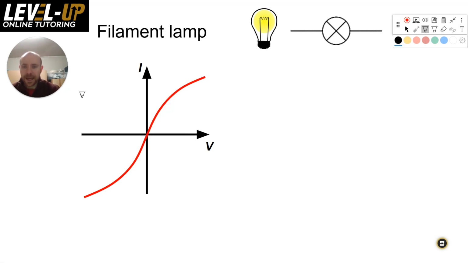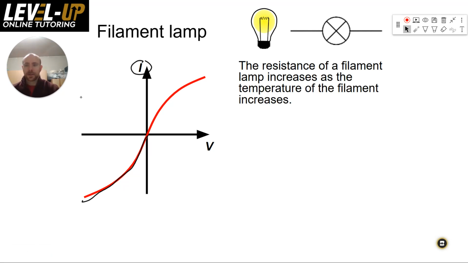But hopefully you see here that as the voltage increases, the current is still increasing, but not at the same rate. So its resistance is getting greater, so it's harder for that current to increase. And the shape of it is exactly the same, but in the opposite quadrant when you go negative.